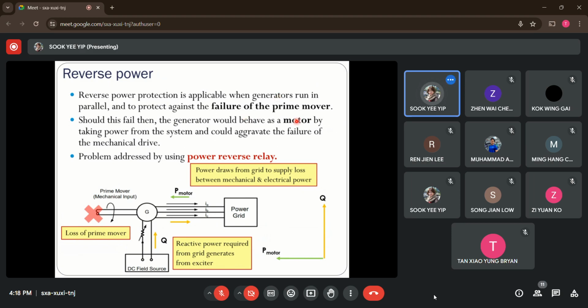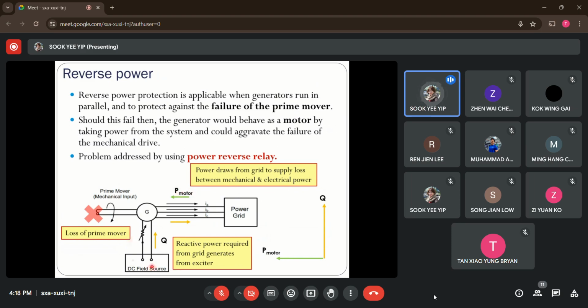It will behave as a motor, so instead of supplying active power, it's actually drawing power from the grid. Why? Because it wants to compensate for the loss between the mechanical side and the electrical side. So now we have reverse power flow.